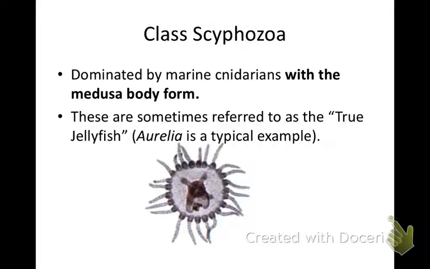This would include things such as Aurelia, which is kind of a true jellyfish, and they exist the majority of their lives in a medusa form with a very transient polyp form early in larval development.